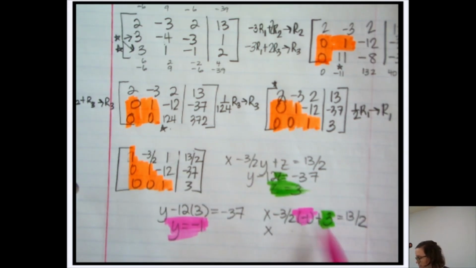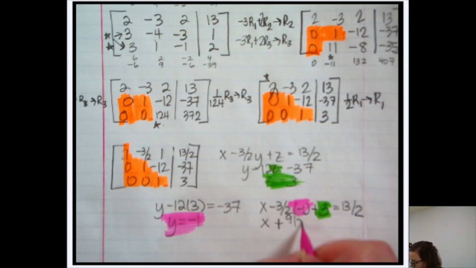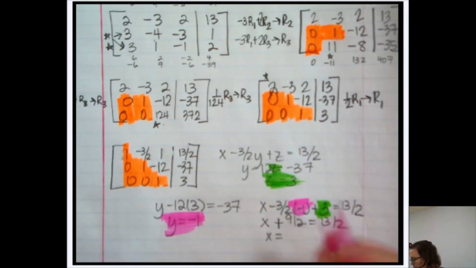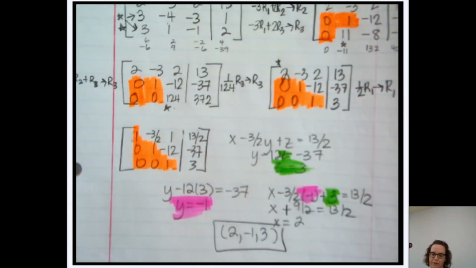This is 3 halves plus 3. So is that 9 halves, I think. So if we subtract 9 halves from both sides, we get 4 halves, which is just 2. So our answer is 2, negative 1, 3. And how can we check this? We can plug it back in.